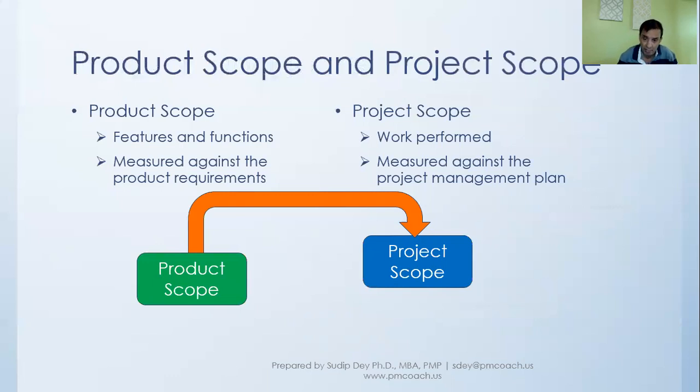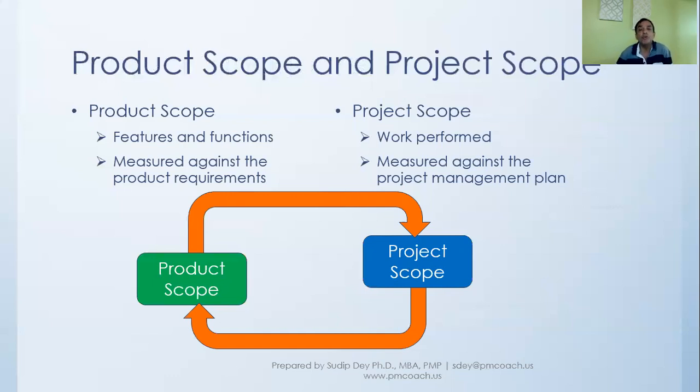And at the same time, the project scope will impact the product scope. For example, if for some reason there are not enough resources, or there is a budget constraint and we have to reduce the project scope because of the budget constraint, then it will impact the product scope.